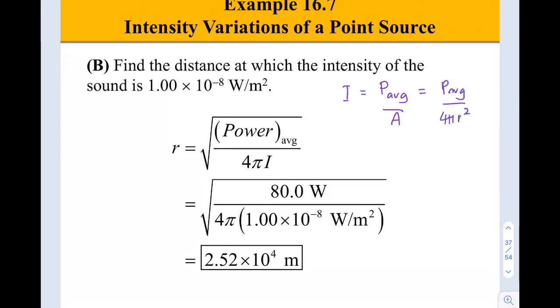Our interest right now is the r, so rearrange. Substitute this intensity given, and you will get r equal to 2.52 times 10 to the power of 4 meters.